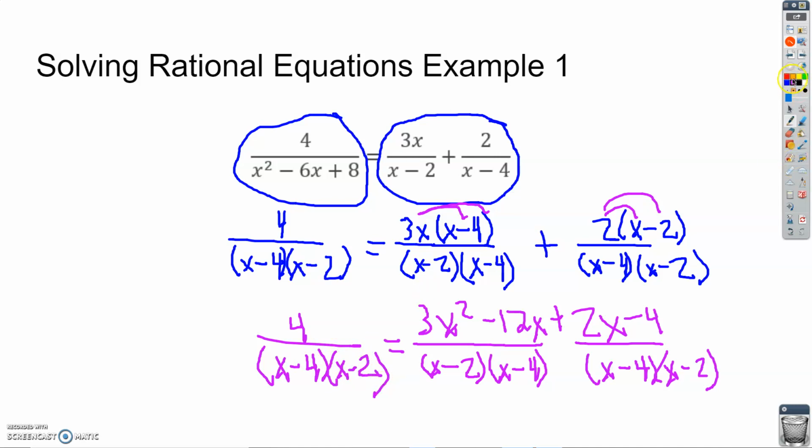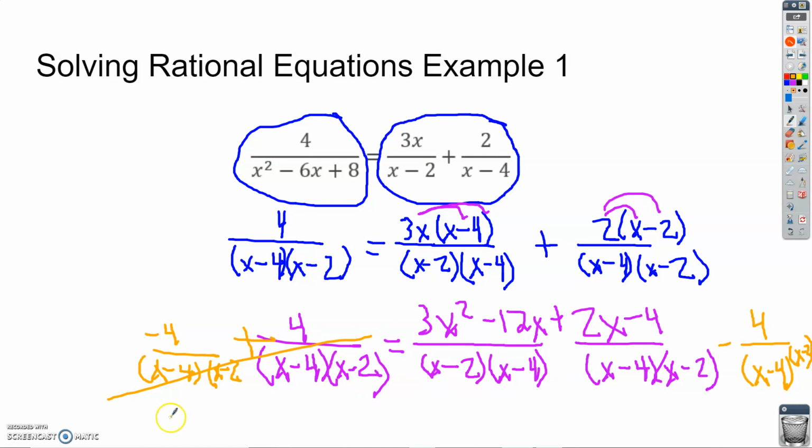Okay, now that all of my denominators are the same, I'm going to combine my like terms, so that means I have to move this fraction to the other side, so then this is a positive 4 over x minus 4, x minus 2, so I'm going to subtract 4 from both sides. And then this is minus 4 over x minus 4, x minus 2. And this one's already a plus, so that will cancel out.